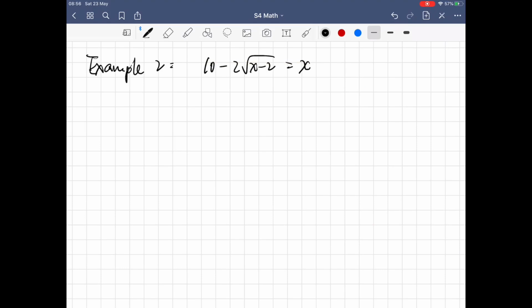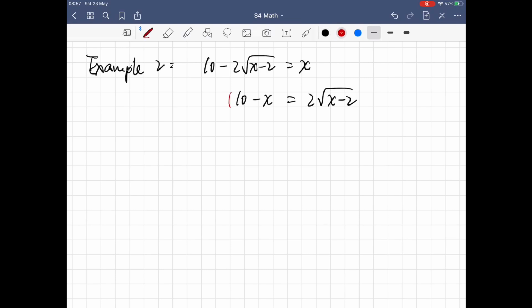In example 2, we have 10 minus 2 times the square root of x minus 2 equals x. According to our skill, we have to put the term with the square root on one side. In this case, we put the square root of x minus 2 together with the 2 on the right hand side. For the left hand side, we have 10 minus x.